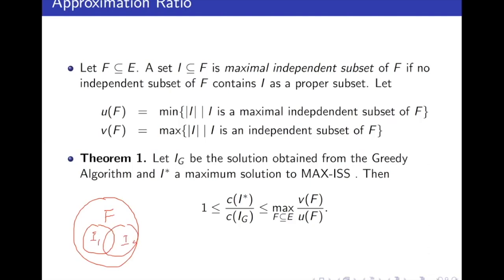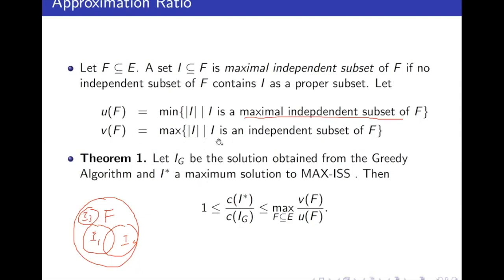Any set that includes I1 as a proper subset is not going to be in I. Any set that includes I2 as a proper subset is not going to be in curly I, right? Maybe you have another one here, I3. They are maximal independent subsets of F. I pick, obviously in this case, I3 has the smallest size. So the size of I3 is U of F. That's what it means. And then let's look at V of F.